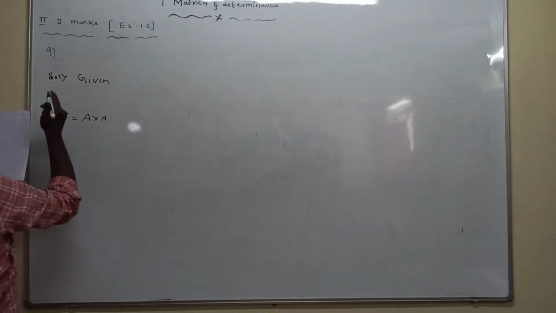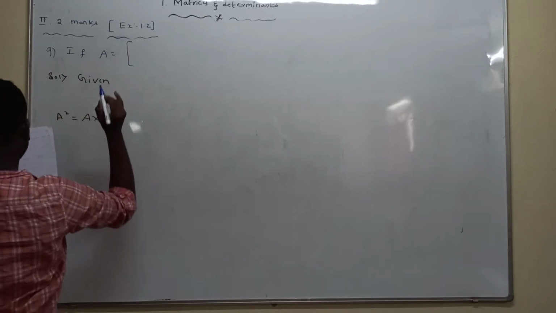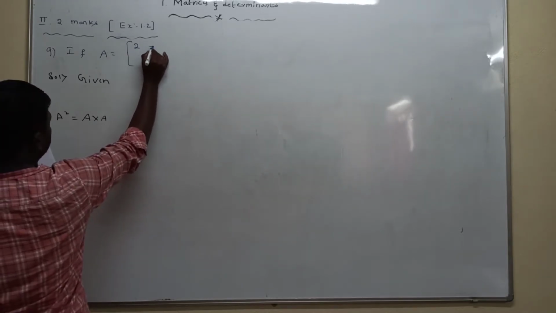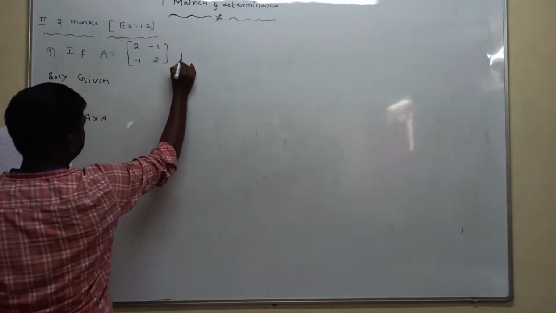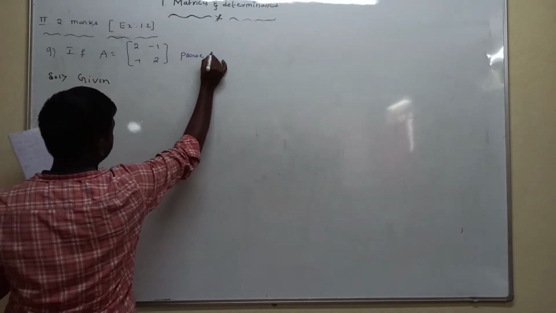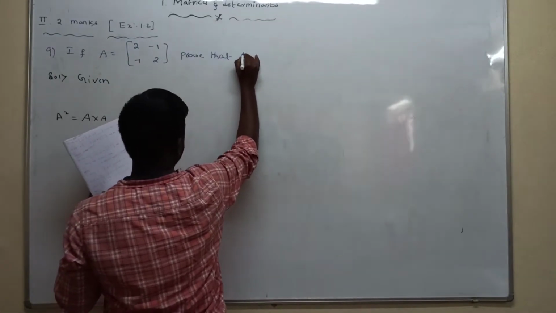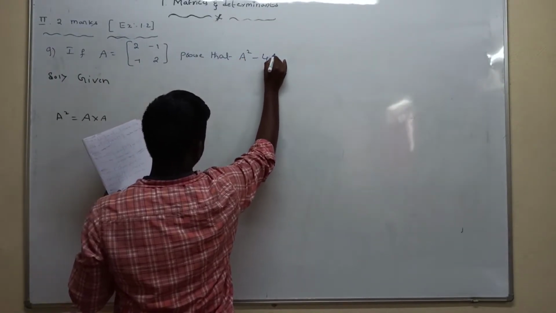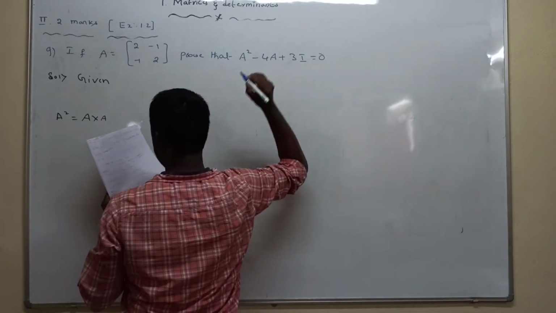Same related question only. If capital A is equal to [2 minus 1; minus 1 2], prove that A square minus 4A plus 3I is equal to 0.